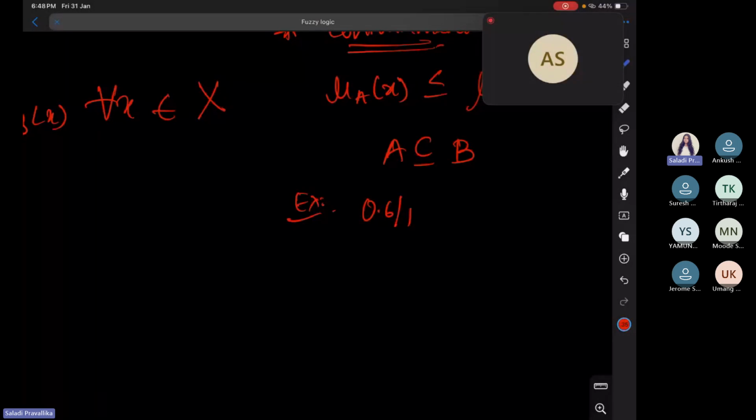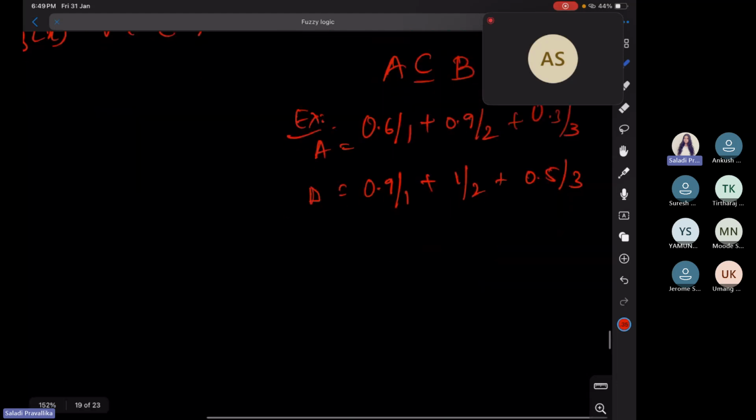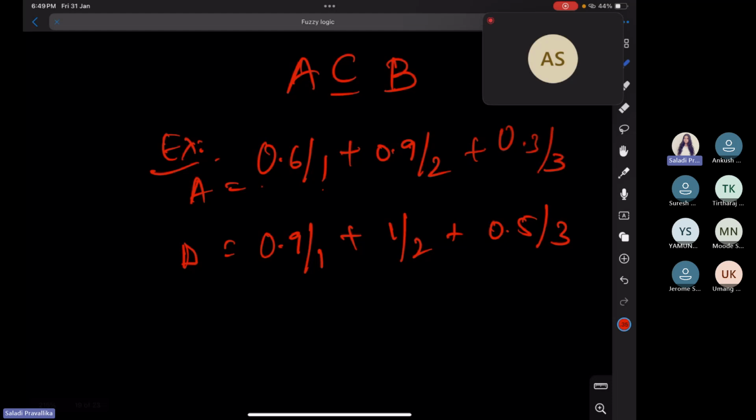Say A is 0.6 by 1, 0.9 by 2, 0.3 by 3. And let's take another fuzzy set B, 0.9 by 1, 1 by 2, 0.5 by 3. Now let us compare the membership values of A and B. For x equal to 1, A is 0.6 and B is 0.9.